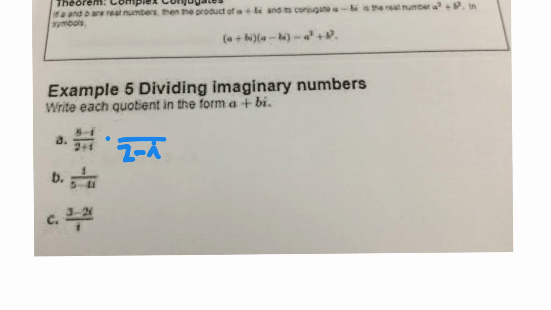Okay, but if I just multiply the denominator by something, it's going to change the entire fraction. I'm going to have a totally different fraction. We want to change its form, but we don't want to change the number. If you had half a pizza and then we multiplied by 8 down here, you just have the 16th of a pizza. That's not good. Then you have to multiply by 8 on top too.